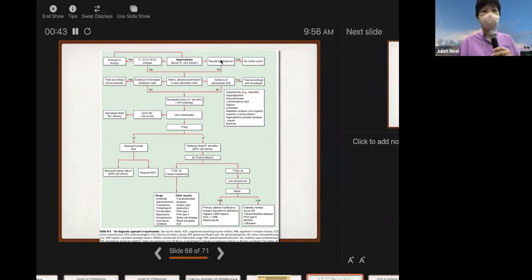If it is pseudohyperkalemia, then you don't have to treat. If it's not, then you have to get a history. So if it's not pseudohyperkalemia and it's not more than 6, then you have time to find out what the cause is. So you get history, PE and laboratory.